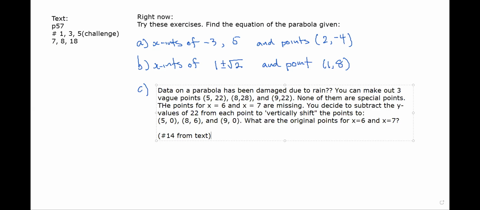This or this? Last one? Yeah, that one. What do you mean? So if you take a look, we have 5, 8, 9. 6 and 7 is missing. Oh. So what would those points be? There is a way to go through a roundabout way and figure that out.